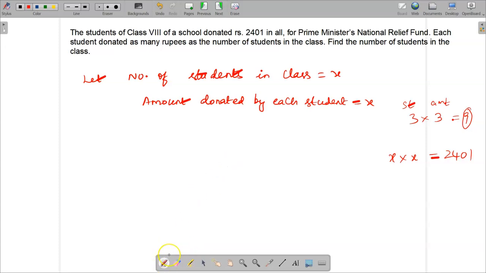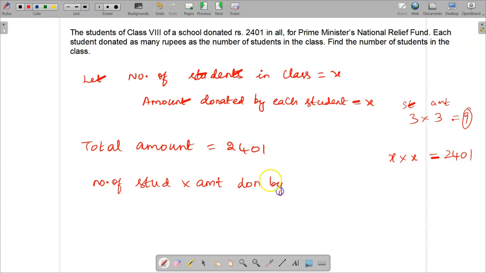So the total amount given is 2401. The number of students into the amount donated by each student is equal to the total amount.